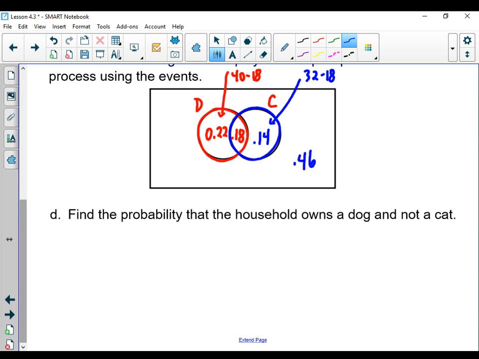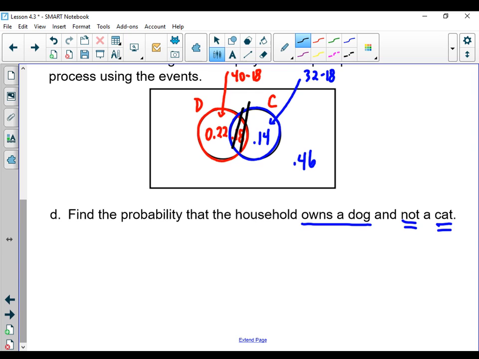Well, the nice thing about Venn diagrams is they make it a little bit easier to find our probabilities. So the last question here wants to know, what's the probability that the household owns a dog, but not a cat? So what I'm going to do is focus on the circle here that does not include the cats.